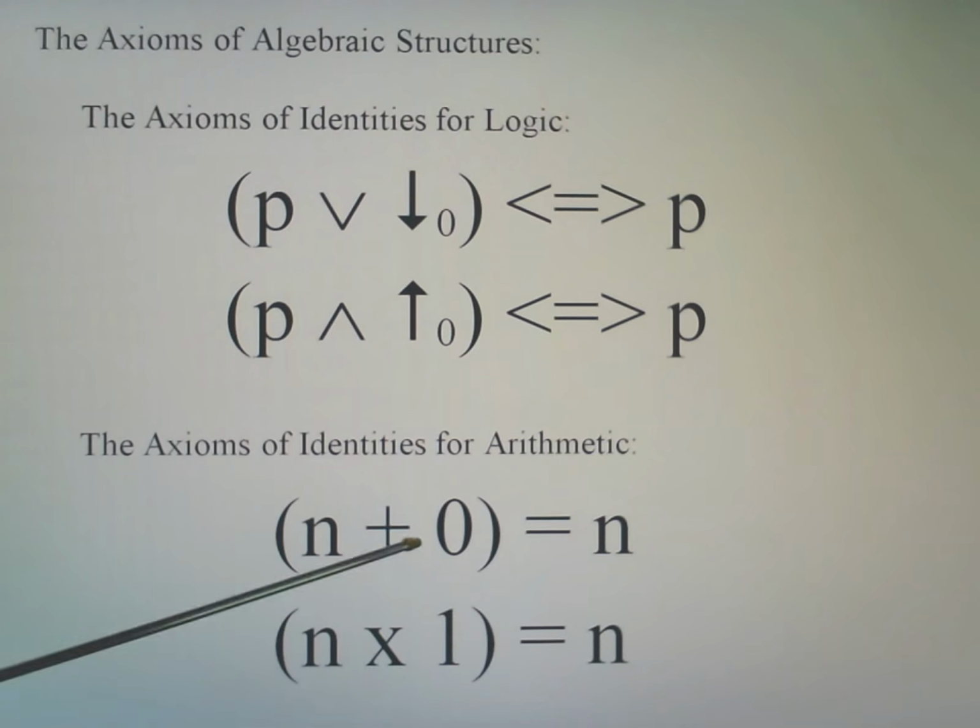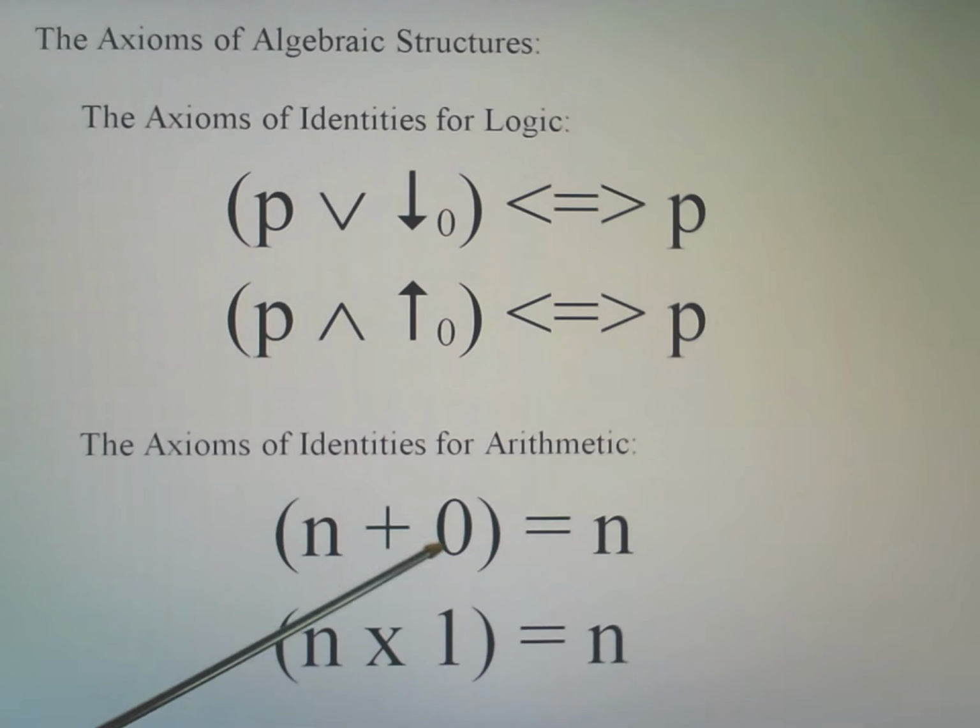Therefore, 0 and 1 are called identity elements, and they are identity elements for a specific operator. 0 is the identity element for addition. 1 is the identity element for multiplication. And if these operators do not have their identity elements, they do not function properly.